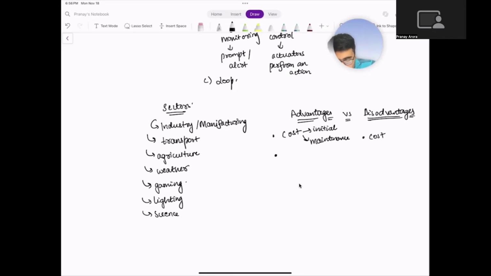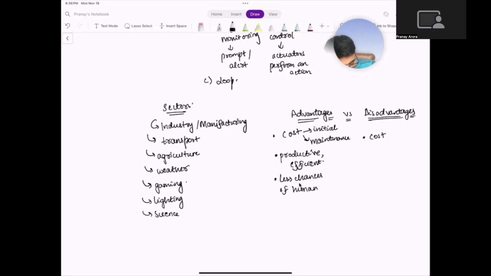Obviously, when we talk about machines or automatic systems, they can be productive, they can be efficient. This is a point you can mention. There will be less chance of human errors and uncertainties, because humans tend to make mistakes.